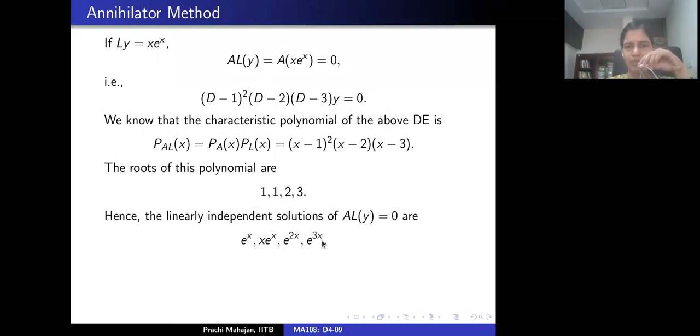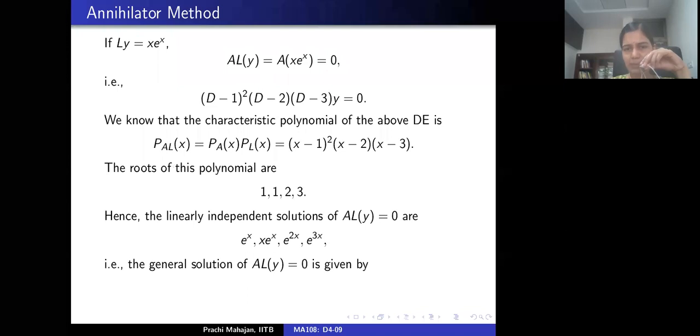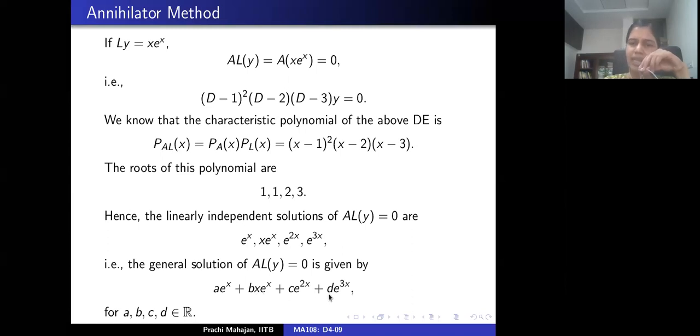So the general solution of the homogeneous equation ALy equal to 0 is the linear span of these four functions, which is a exponential x plus bx exponential x plus c exponential 2x plus d exponential 3x, correct?